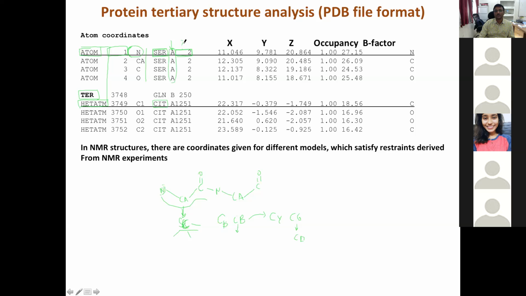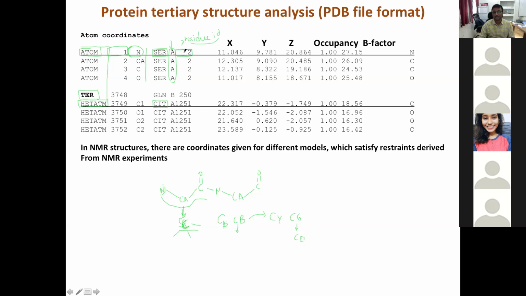This is called the residue identifier. Now if you look at it, one can say that this is serine 2 in the protein sequence of the structure I am solving. Unfortunately, that is not the case.